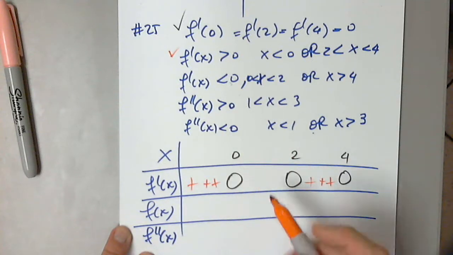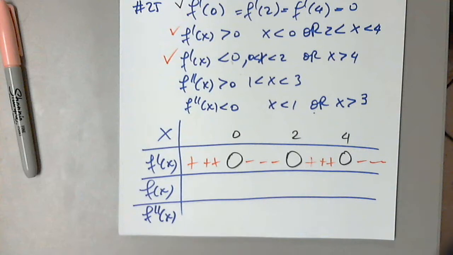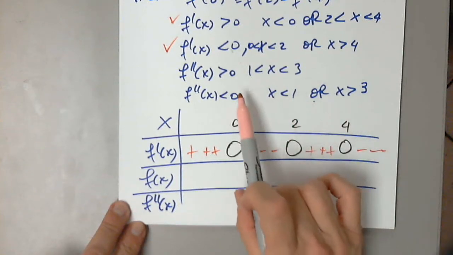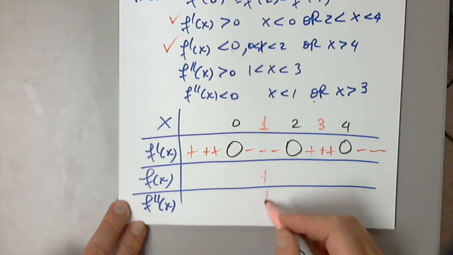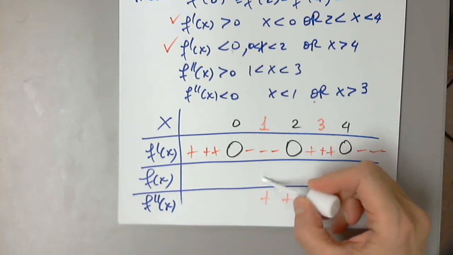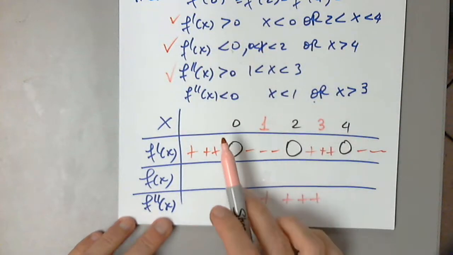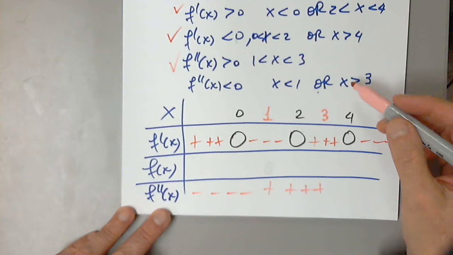It's negative between 0 and 2 or greater than 4. Check. Then they're talking about the second derivative, which is positive between 1 and 3. Uh-oh. So the second derivative is positive between 1 and 3. Check. And the second derivative is negative to the left of 1 and to the right of 3.